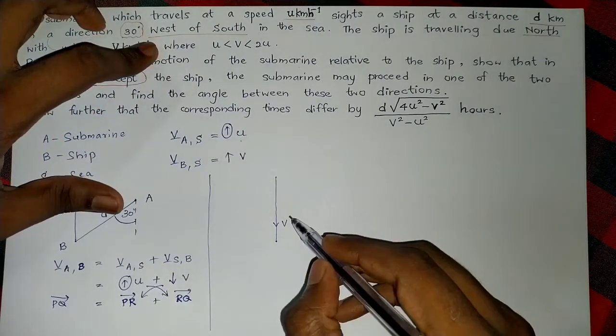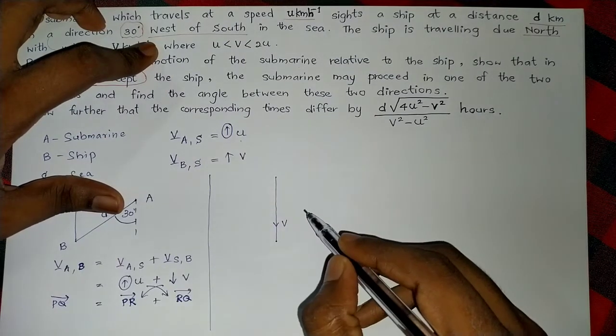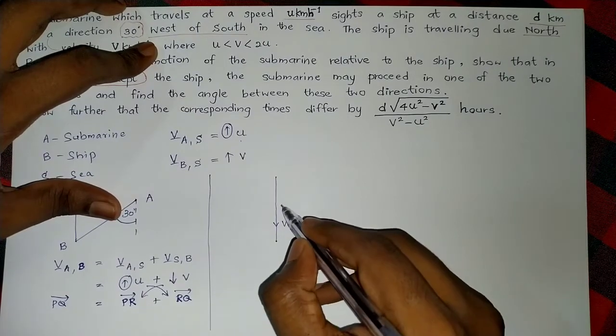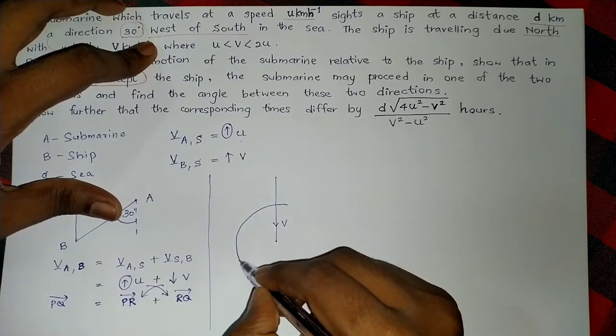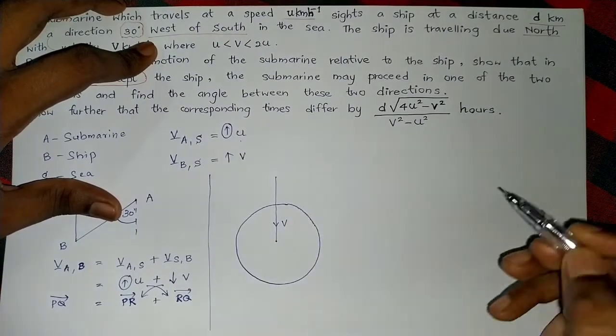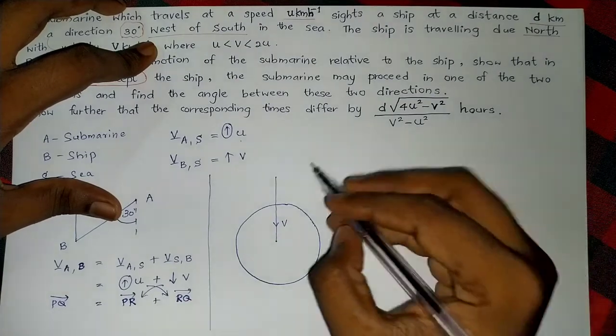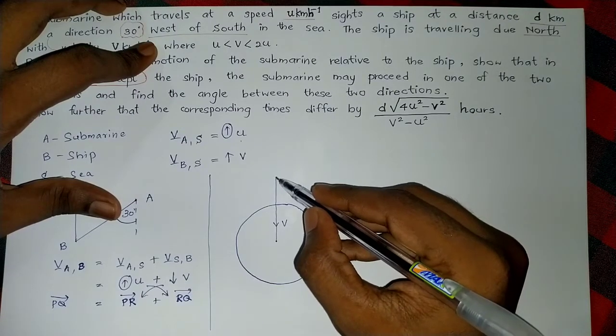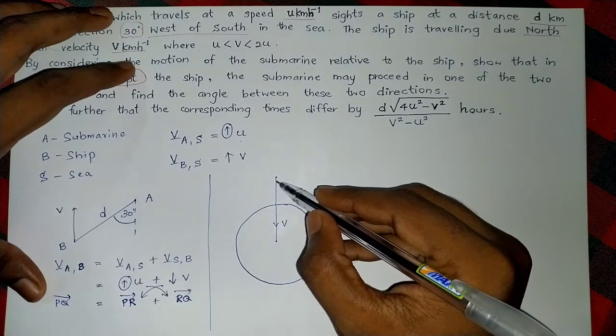So I have to complete a circle which is smaller in radius to this first vector. So the circle should be something like this. Then this is the starting point of my first vector. I have to complete the resultant.